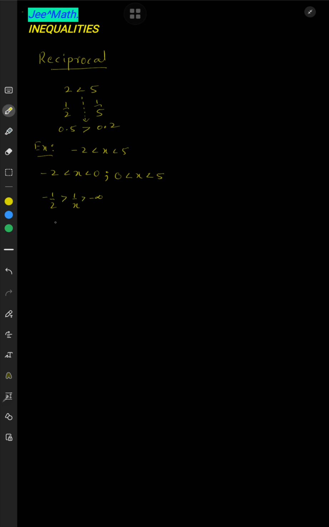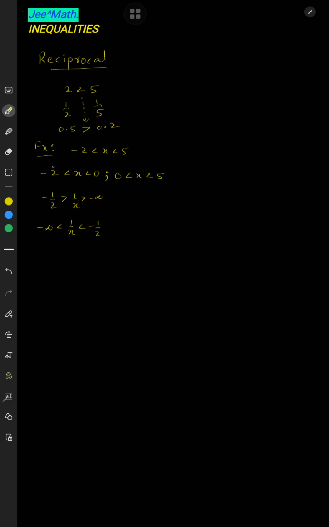Now you need to change the inequalities. So 1 by x lies in minus infinity to minus 1 by 2. The same thing I am writing here, minus infinity to minus 1 by 2. The reciprocal of just less than 0 is minus infinity, and the reciprocal of -2 you got here.